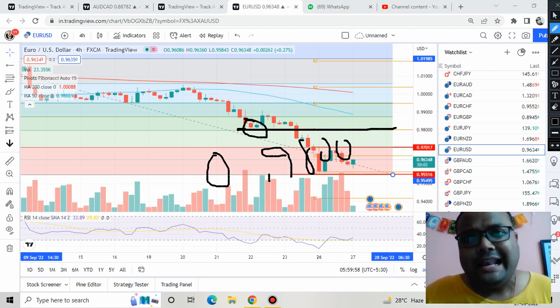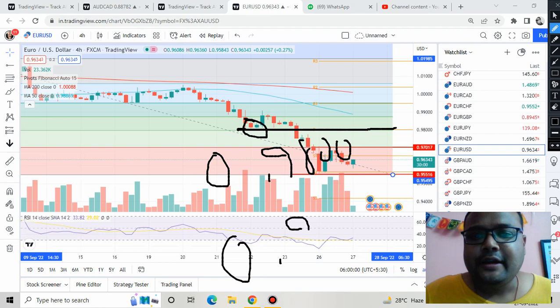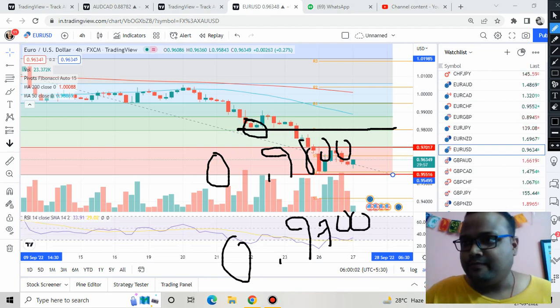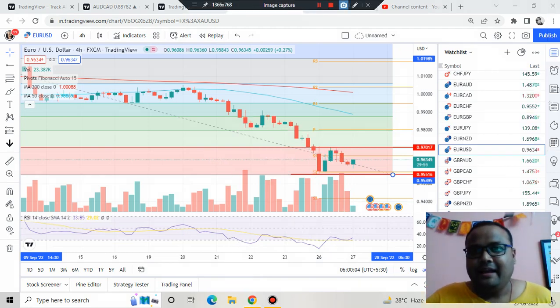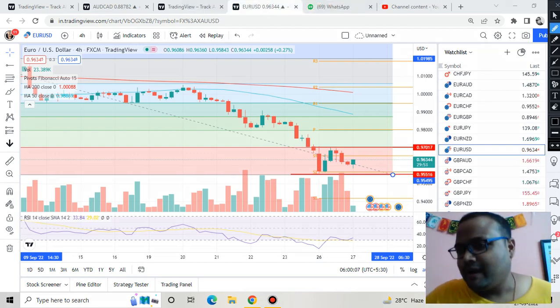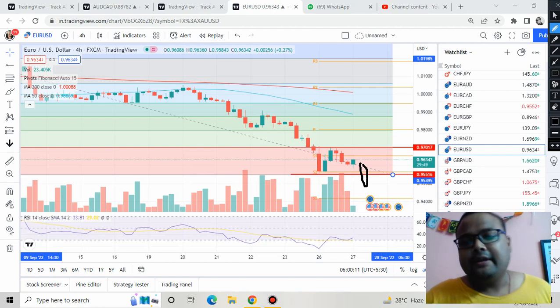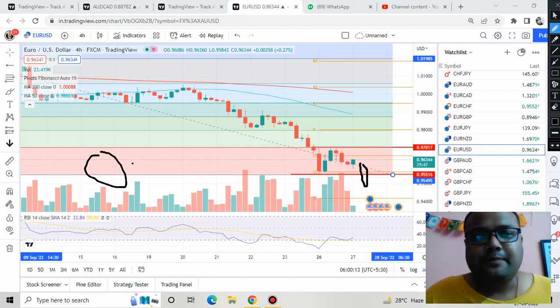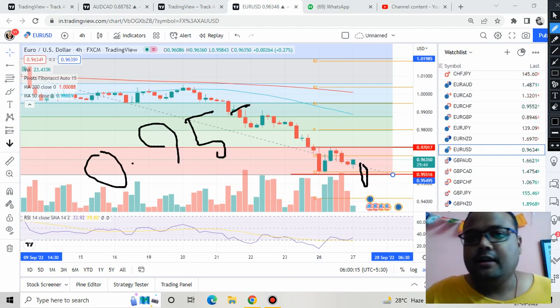But right now, let's keep our eyes on 0.9700. And on the other hand, if the market fails to go up, and if we see a big red candle here, you can obviously go for a sell position below 0.9550.